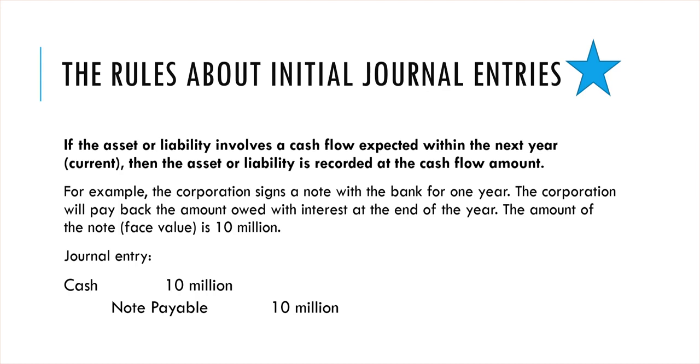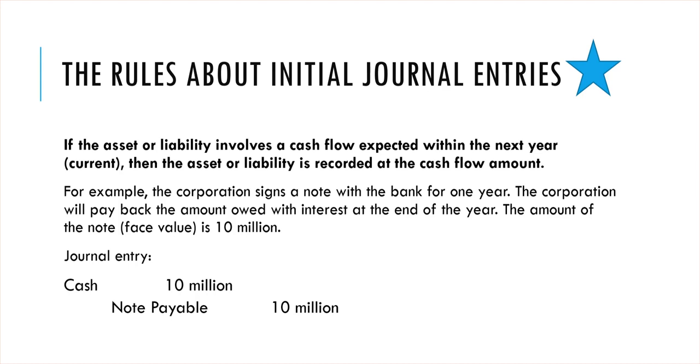The rule in general is that if you have a cash flow expected within the next year, that would be a current liability. Then either an asset or a liability, whatever it is, is recorded at the cash flow amount, and that is also called maturity value. So it's the amount that's going to flow out when it's repaid.